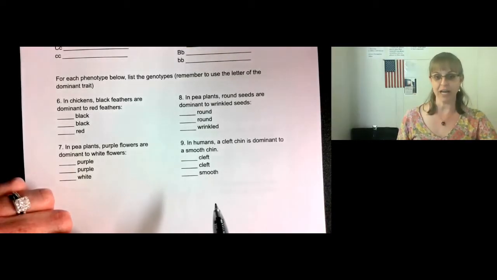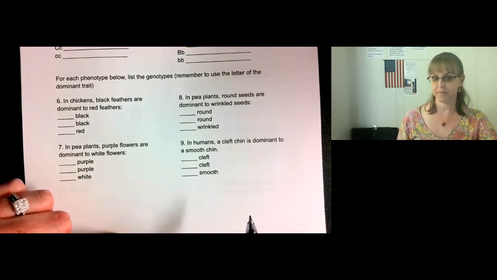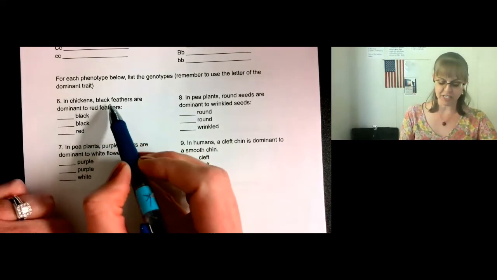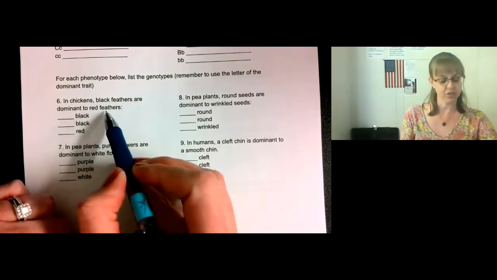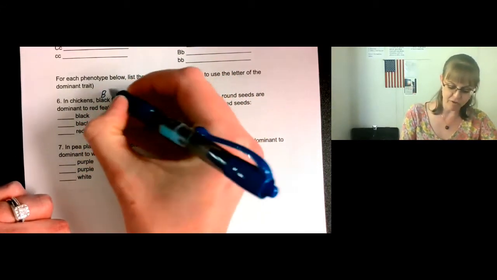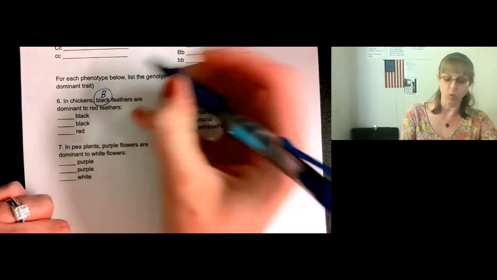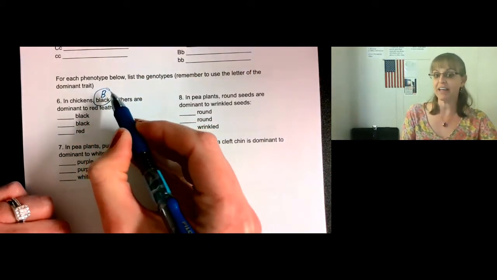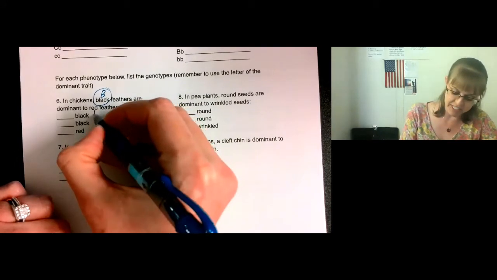For each phenotype below, phenotype, physical trait, list the genotypes, the letters, and remember to use the letter of the dominant trait. So in chickens, black feathers are dominant to red feathers. So we want to use a capital B for black. We'll use the same letter in lowercase for the recessive gene.